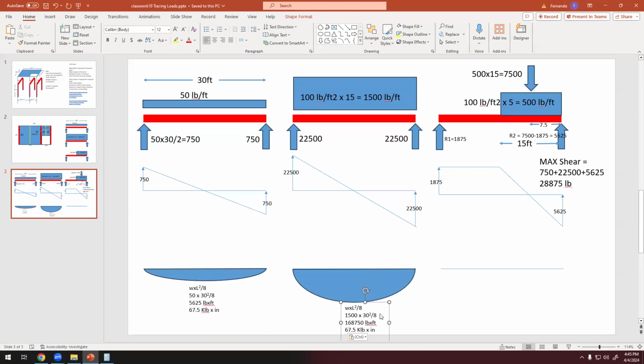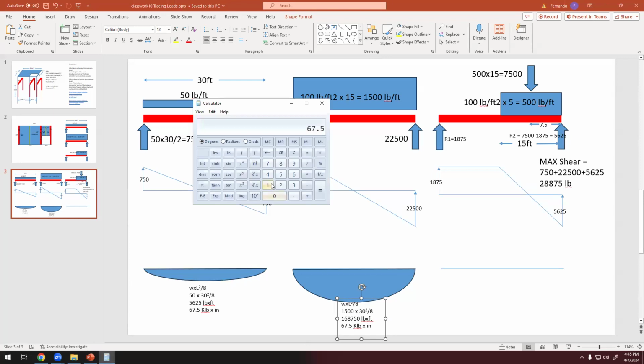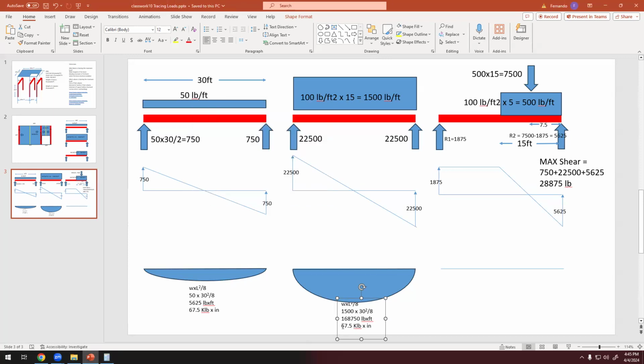And that one is 168.750 times 12. So this is 2025 kilopounds per inch.